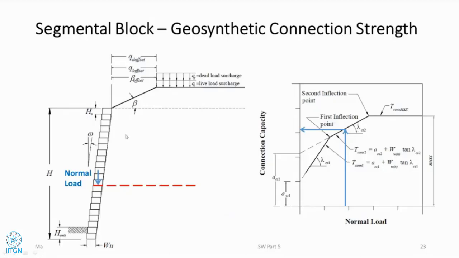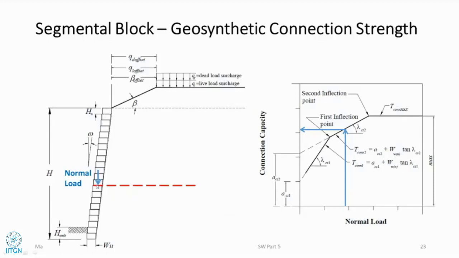When you do an actual design, for any layer of reinforcement, we have to calculate the normal load coming at that point. That will be due to the weight of the blocks above this layer. Normally, if the inclination, the batter, is less than 8 degrees, we assume the weight of all the blocks is effective here.